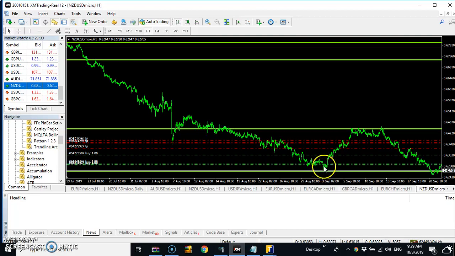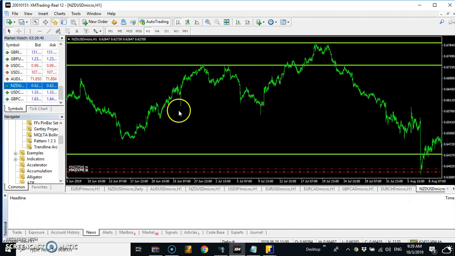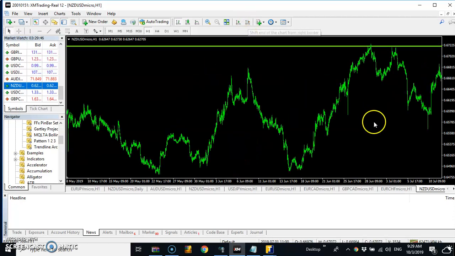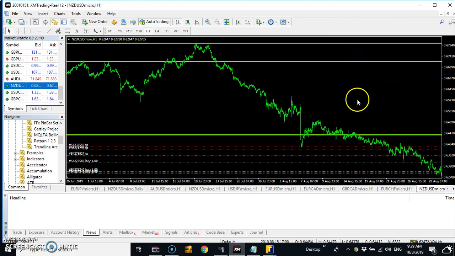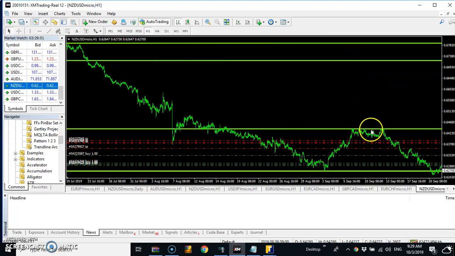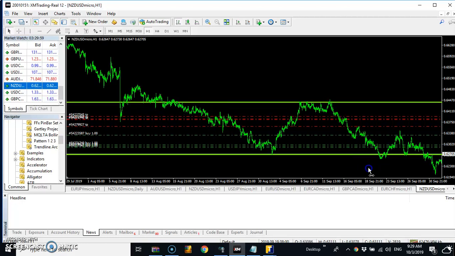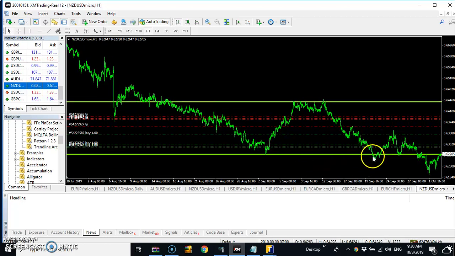Now it bounced back up, hitting this zone, and then pulled back and came back to this lowest low. Currently it's playing around this lowest low.